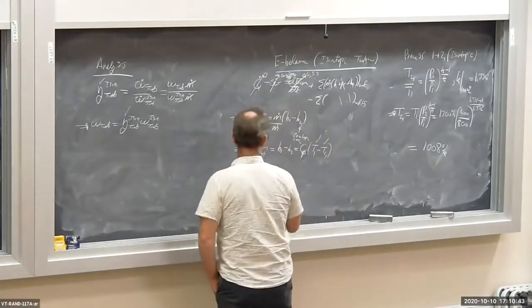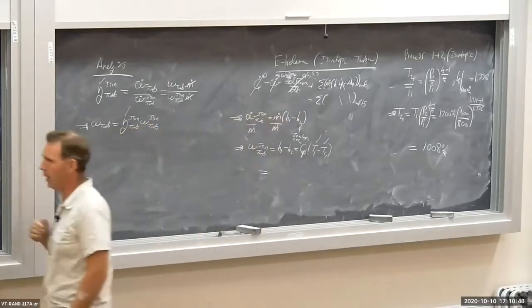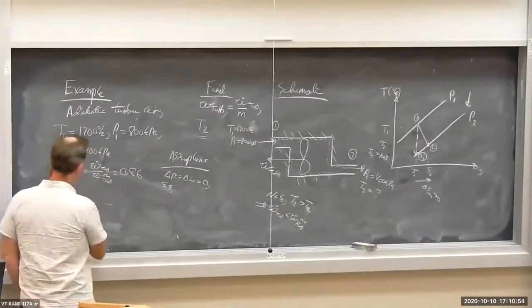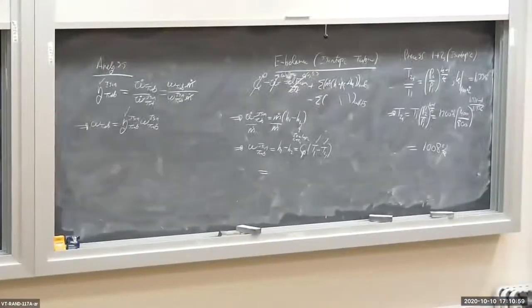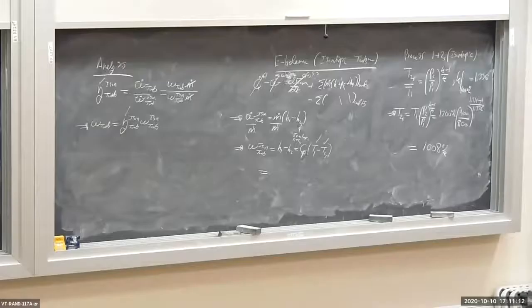Great. So, oh, I need Cp. Oh boy. Remember we're going to evaluate Cp at 1,000 degrees, so I better look that up. At 1,000 degrees for air, it's 1.142 kilojoule per kilogram Kelvin.